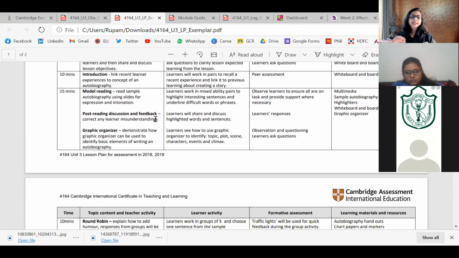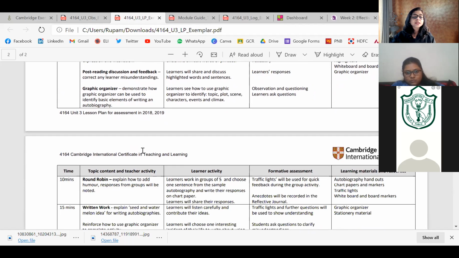After they have underlined the difficult words and phrases and interesting sentences, then there is this post-reading discussion and feedback, which means that the learners are now sharing which words they have highlighted or which sentence they found interesting. And then they are working on a graphic organizer. They demonstrate how a graphic organizer can be used to identify basic elements of writing an autobiography.